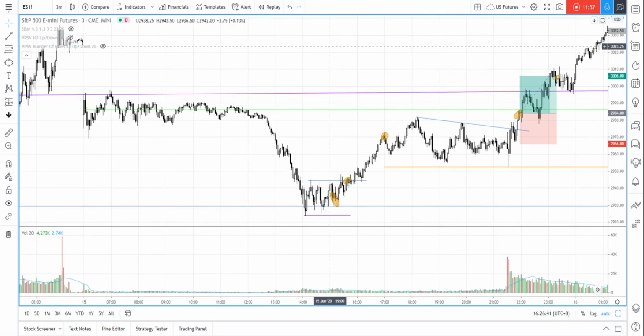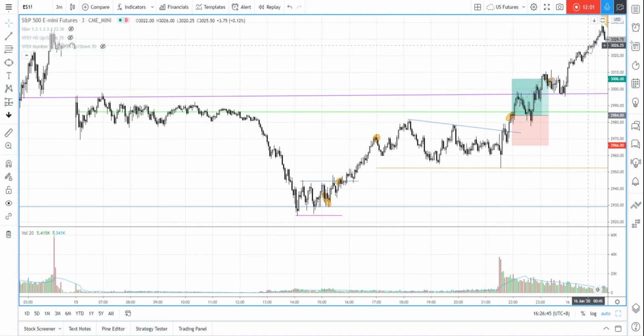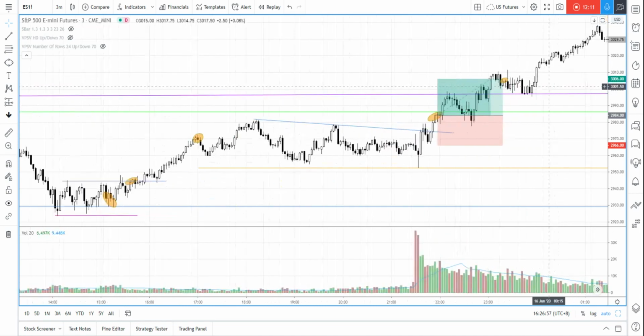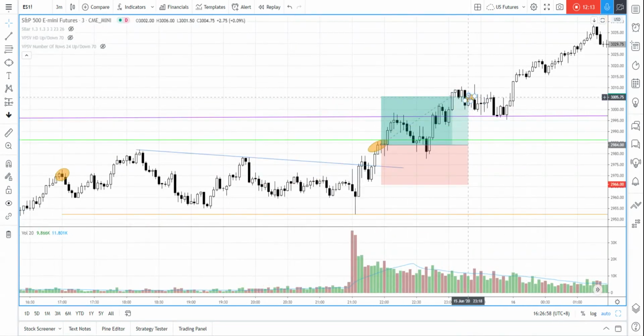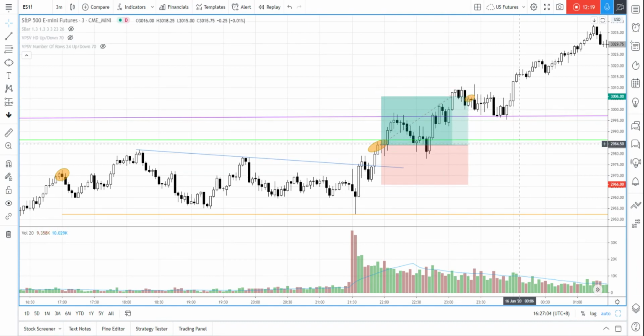Yep, 3024. My initial target was around 3024 to cover the gap, but unfortunately I lost patience and was late in my entry here. So I exited the trade at around 3005. Not too bad for roughly a 1 to 1 reward to risk ratio.